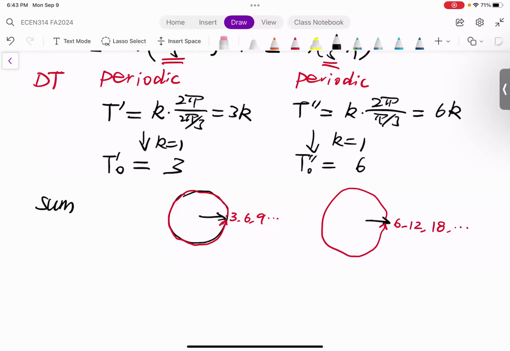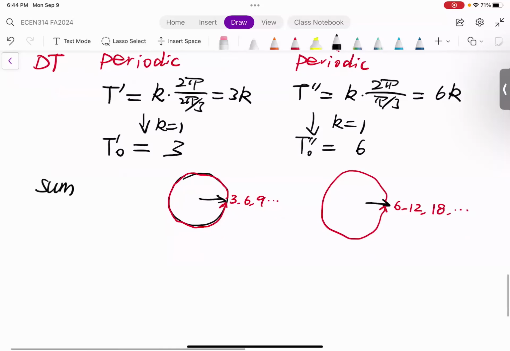Is there a time point where both return to 3 o'clock? It's 6 exactly, right? But in general, 12 would work as well, 18 would work as well.